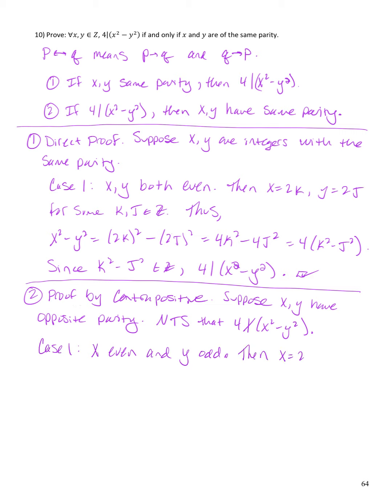Then x equals 2k and y equals 2j plus 1 for some k and j in the integers.